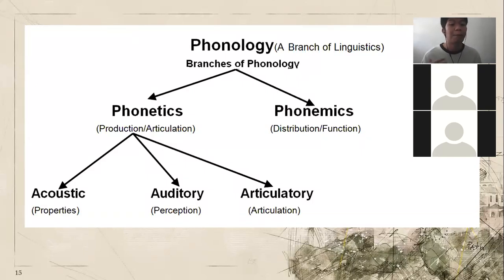Acoustic, these are the properties of the sounds. Auditory, how people perceive the sounds being produced by someone. Articulatory, how a speaker articulates or produces the words or the sounds.